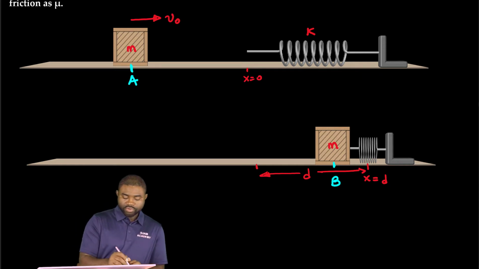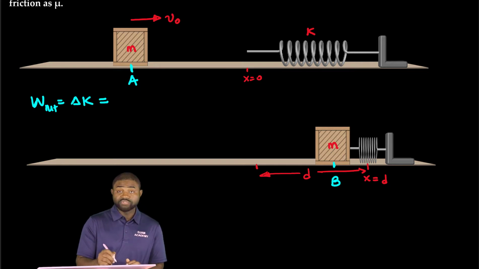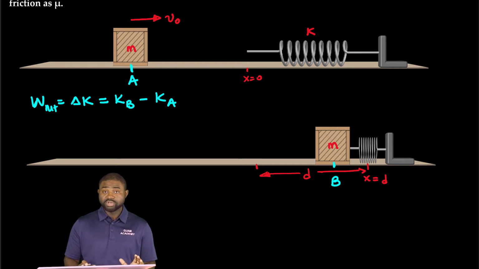We know that the net work done on the object is equal to the change in the kinetic energy of the object. By that I mean the kinetic energy at B minus the kinetic energy at A. So what is the kinetic energy at A and what is the kinetic energy at B?